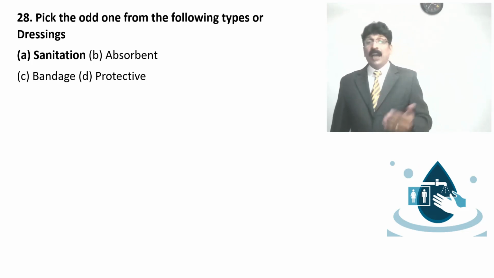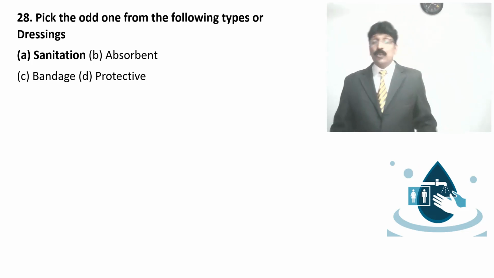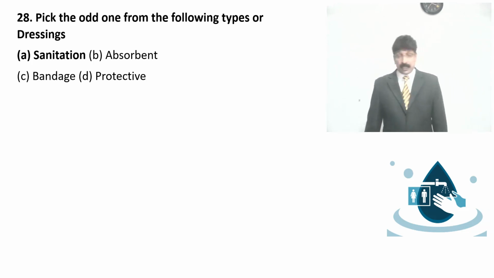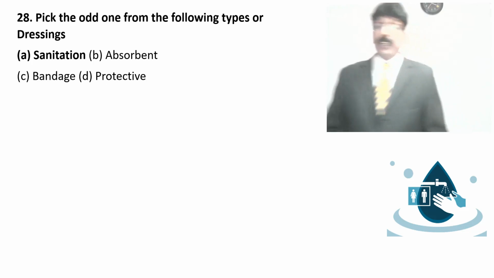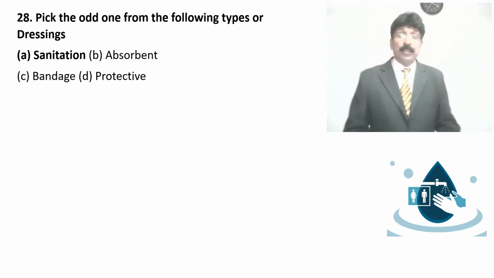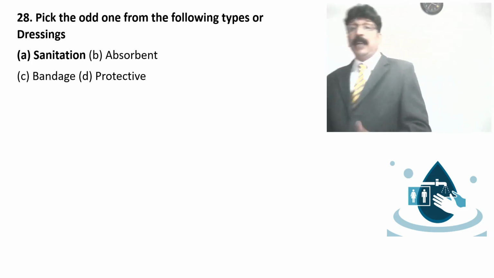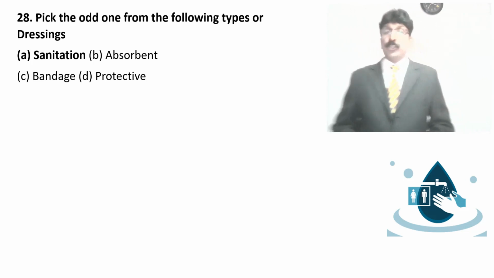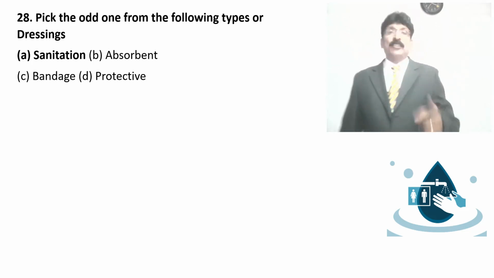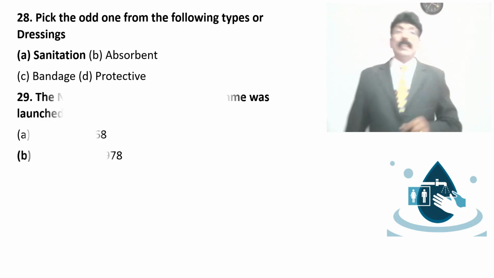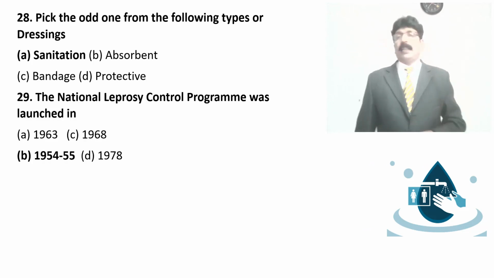This sanitation was used to remove the coronavirus, which may be transmitted when you are traveling. People washed their hands and everything whenever they came into any place. So sanitation is different from dressing. Sanitation does not come under the dressing category.